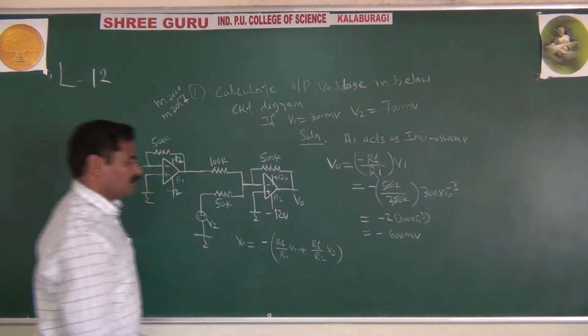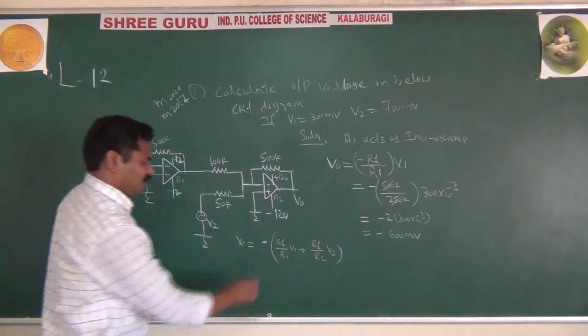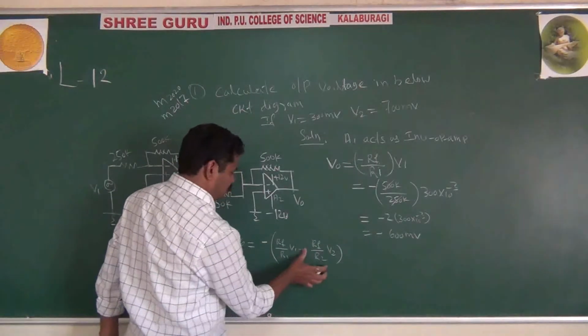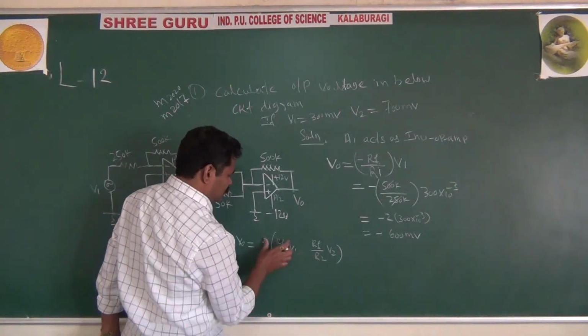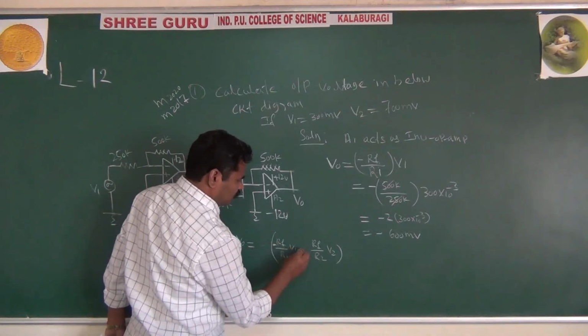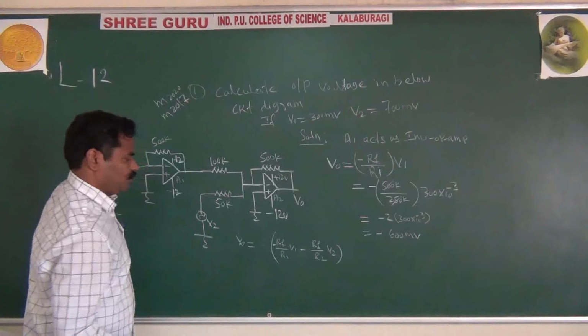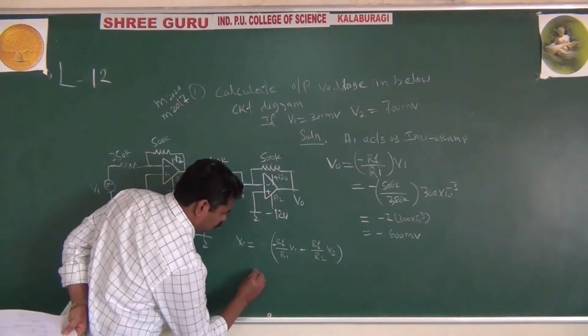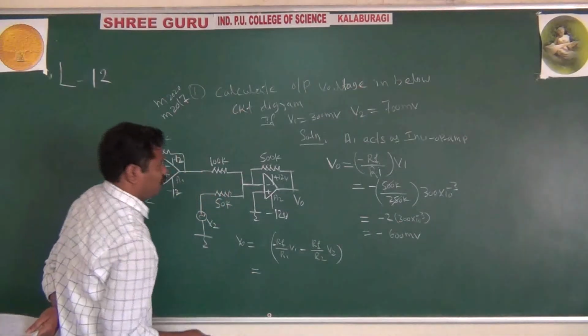Use this formula, and don't be confused about taking the minus sign here also, because the minus sign is common for both. Then you substitute the RF value. RF is 500k.